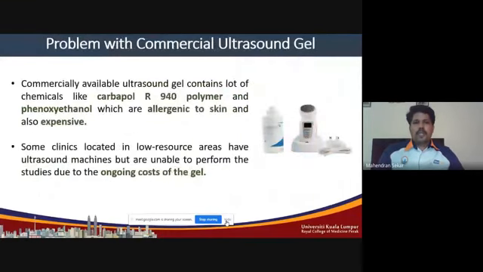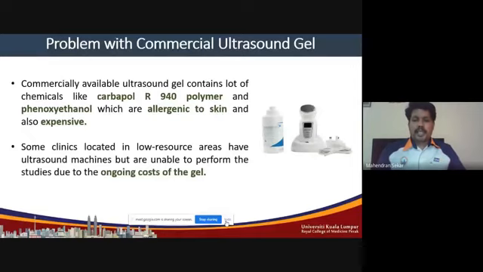Why did we come up with this gel? What is the problem with the currently available ultrasound gel? It contains Carbopol 940 polymer and some synthetic chemicals which are allergenic and also expensive. That is the reason we came up with a new product made from natural sources. We didn't commercialize this product.